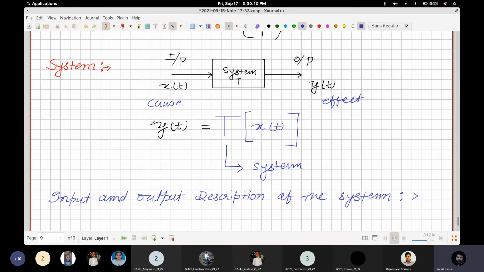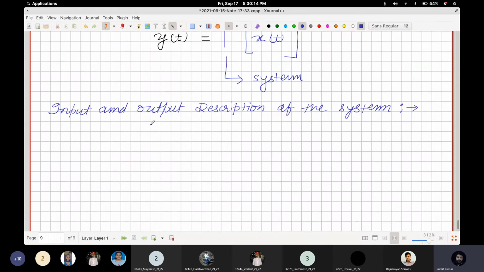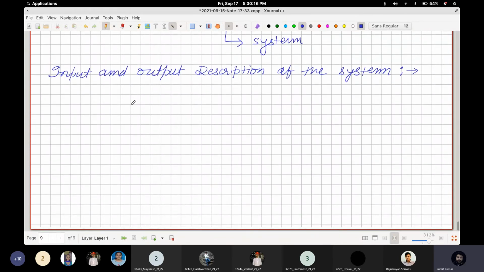As I told you, I will be assuming xt to be input and yt to be output. Let me give you one example. Here your output yt is written as 2 times xt. Okay, another system is, so what kind of system is this?